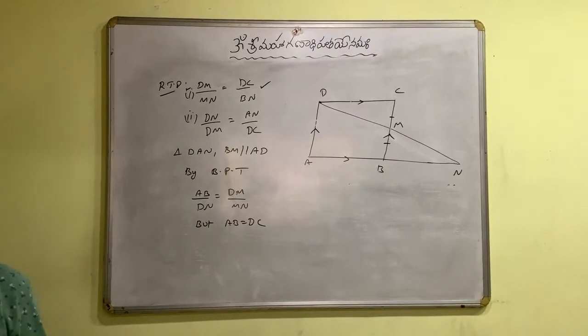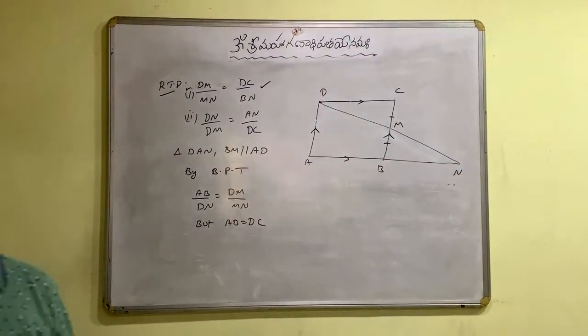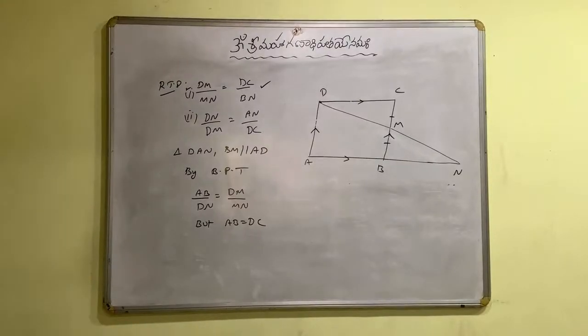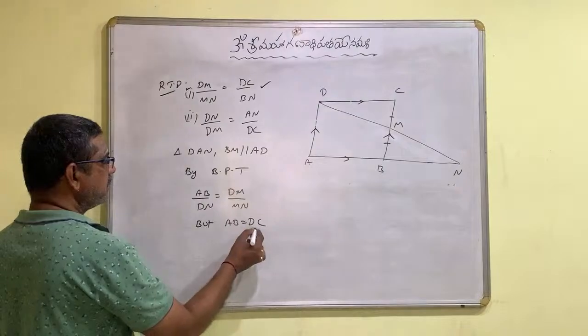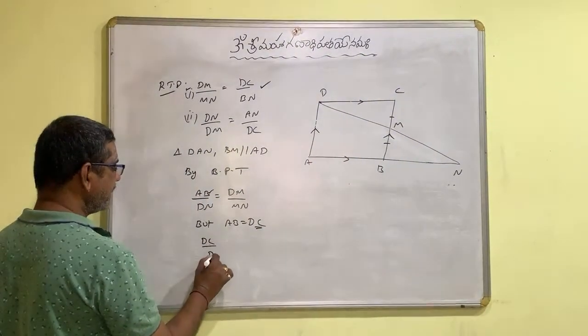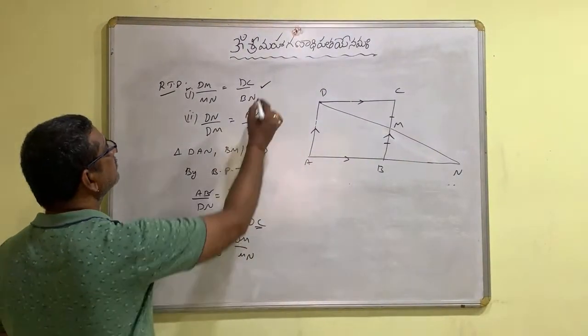What is the reason? Parallelogram. Very good, ABCD is a parallelogram. So I just insert DC in the place of AB. So DC by DN is equal to DM by MN. Over.